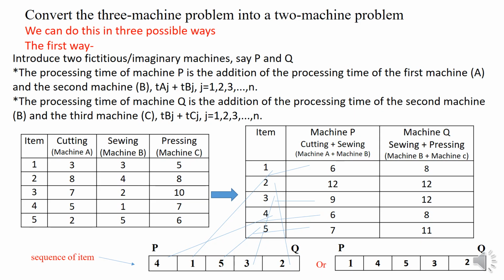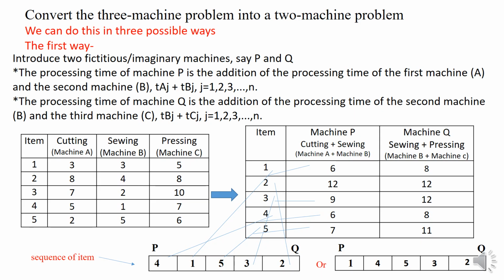Why? Because the processing time here, 9, is the minimum among the remaining, and it is the minimum processing time of machine P. And finally we put 2 in the empty or unfilled space of this table, and here 12 is the processing time of machine P, or say machine Q.